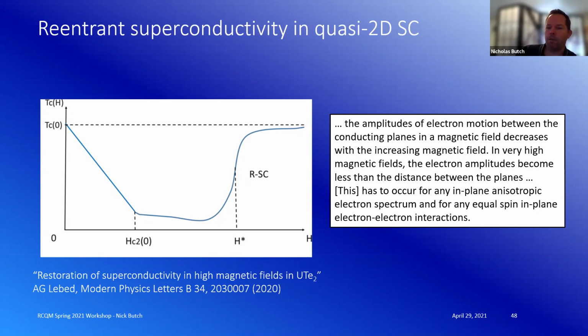Eventually your cyclotron motion is smaller than the spacing, and then this can occur for any in-plane anisotropic electron spectrum and for any equal spin in-plane electron-electron interaction. So it's kind of a generic argument.